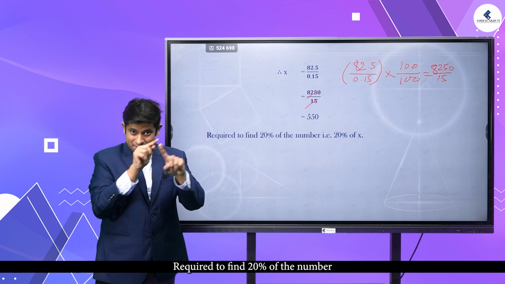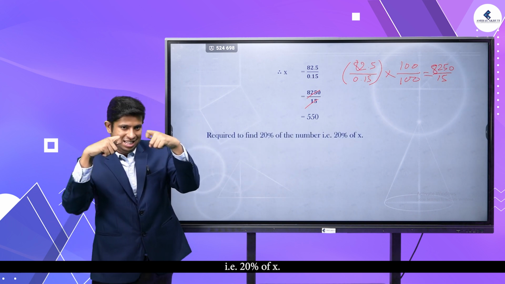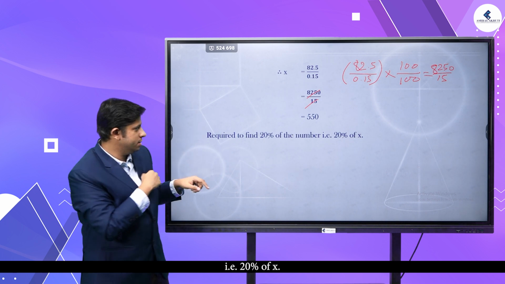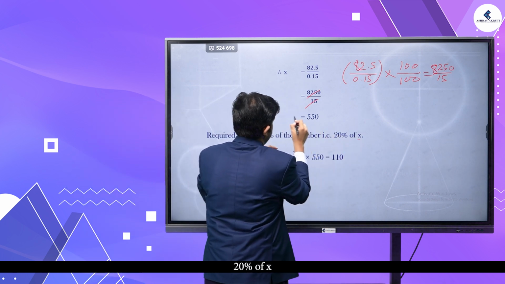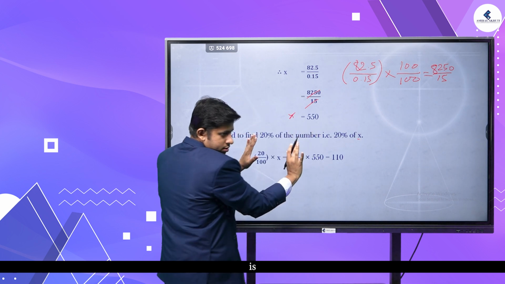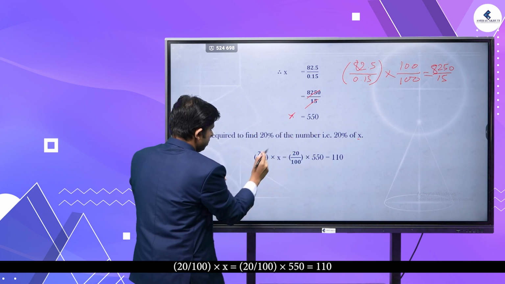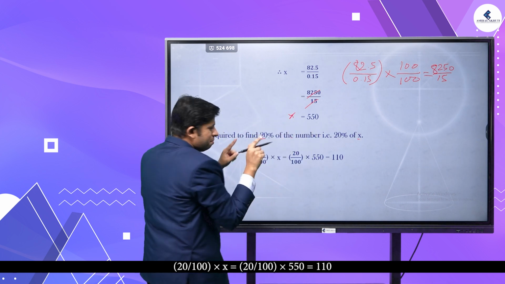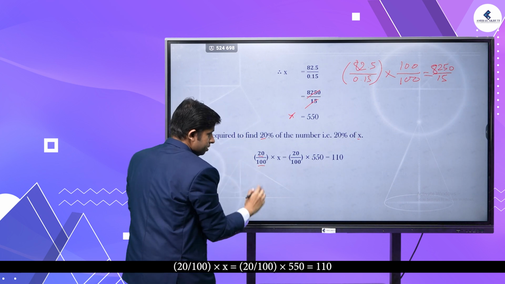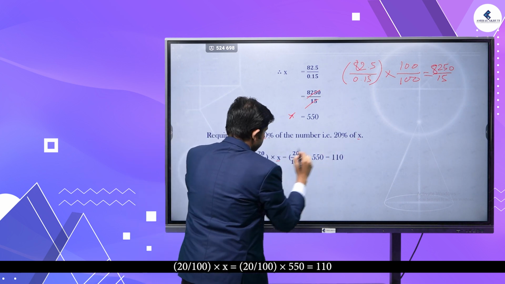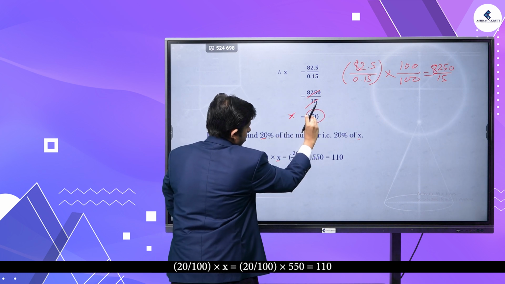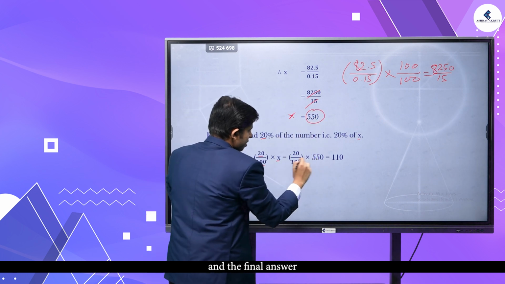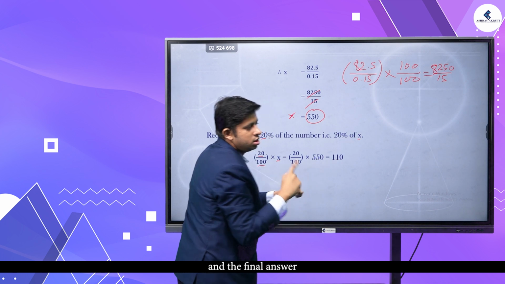Required to find 20% of the number, that is 20% of x, which means 20 by 100 into x. We have already found x. Let's replace the value with 550, and the final answer is 110.